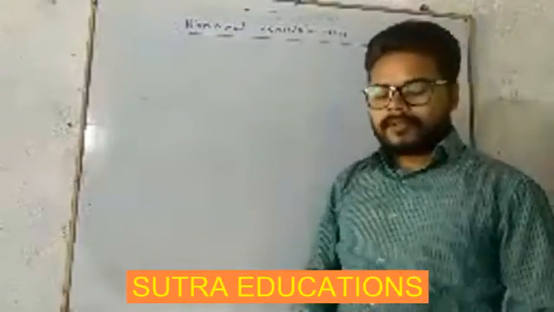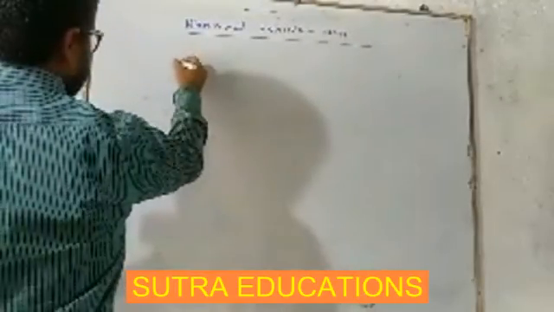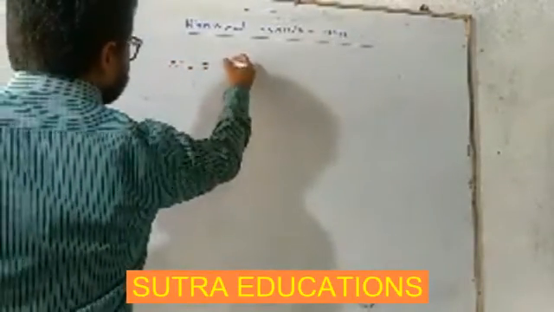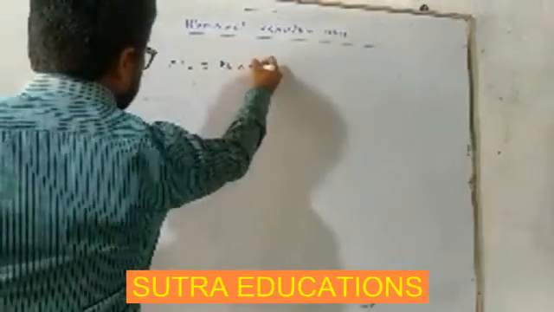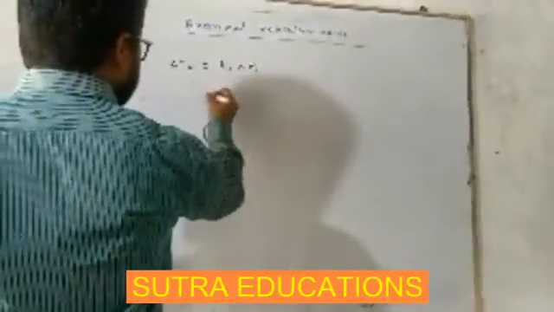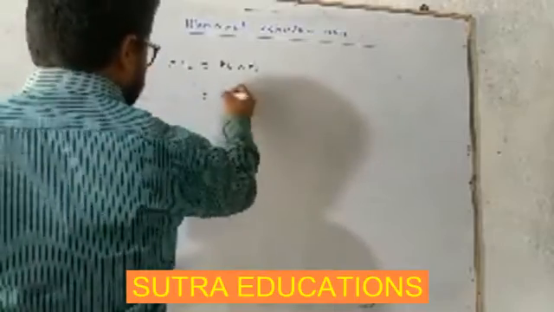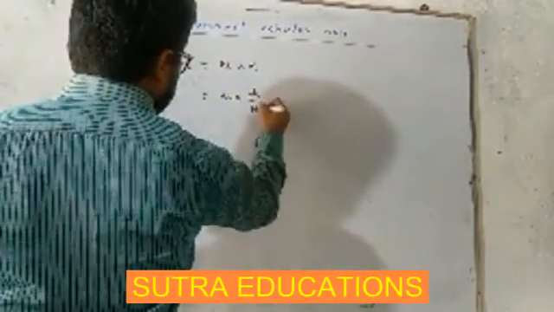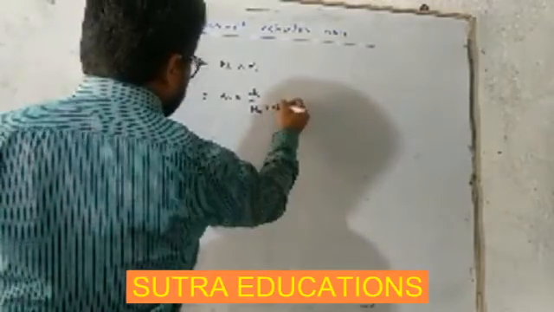So I have taught you, if it is delta Tb, then it is equal to Kb into m, molarity. And from here we can say this Kb into molarity is equal to Wb upon Mb into Wa.